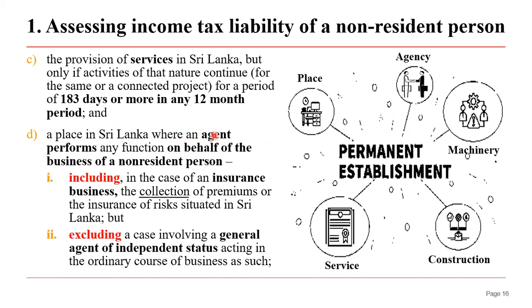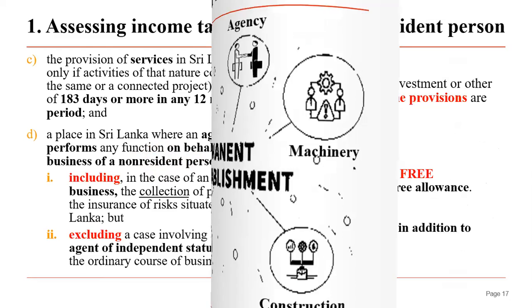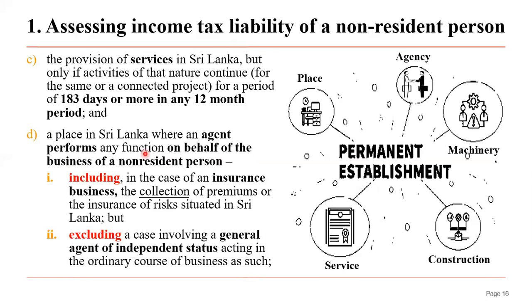Just assume a country like India, where they are doing business in India, but there is a person in Sri Lanka who does the activity on behalf of an Indian company. Then he is acting as an agent. And he does whatever things the Indian company asks him.